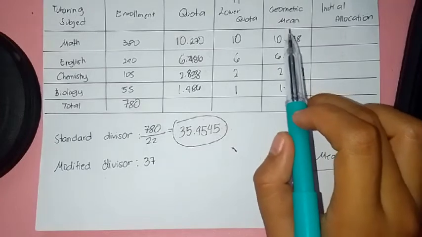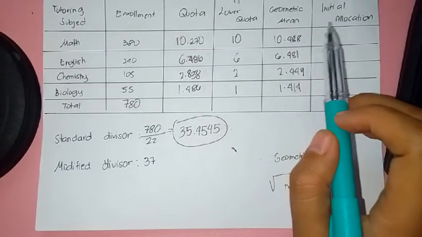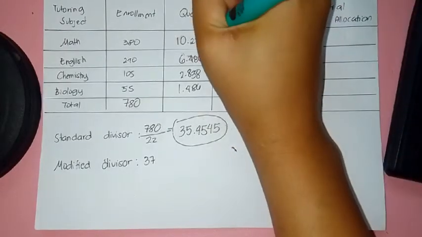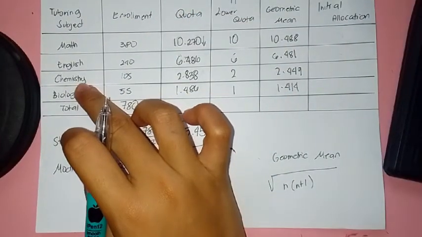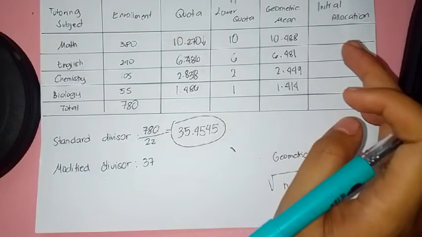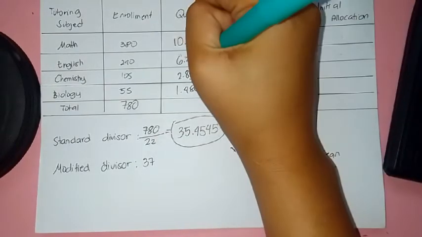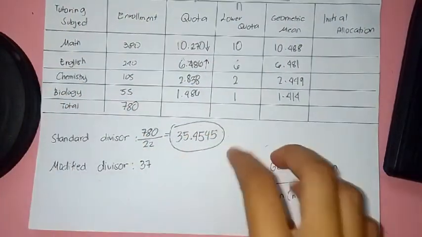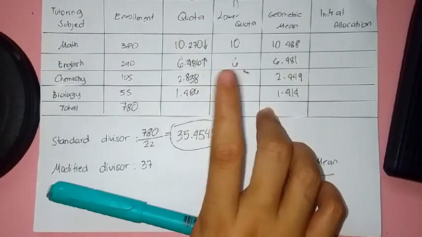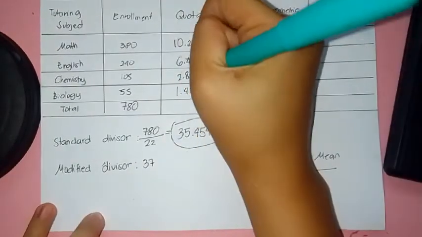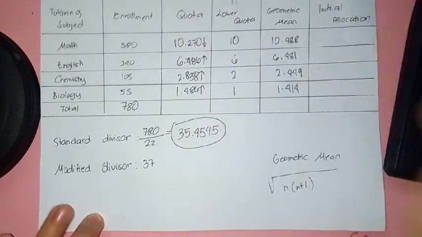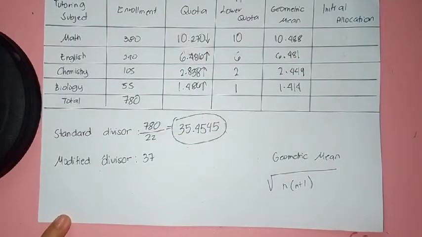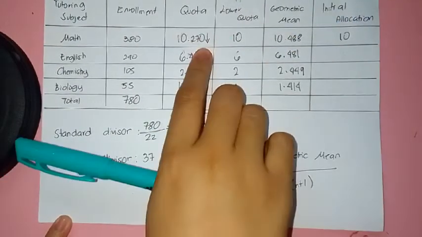So, we compare the quota to geometric mean. We notice the geometric mean is higher than the quota, so we lower down the quota. In English, we see the quota is higher than the geometric mean, so we round up the quota. We do the same to chemistry and biology. So, the result of initial allocation for math is 10 because we lower the quota.